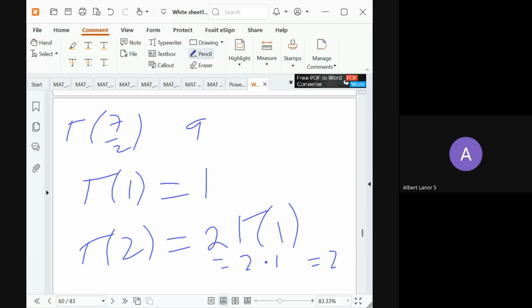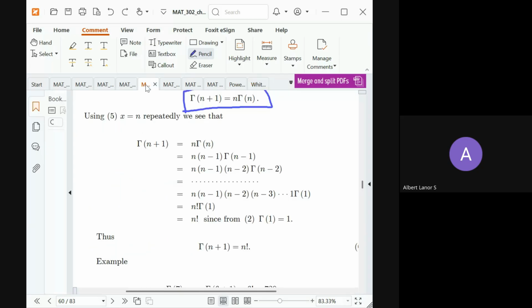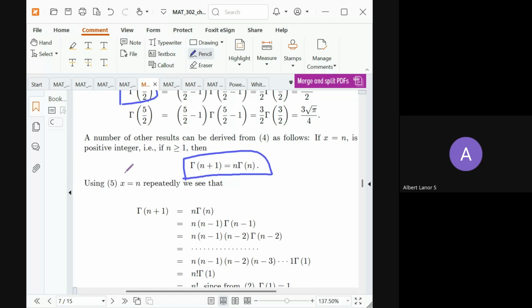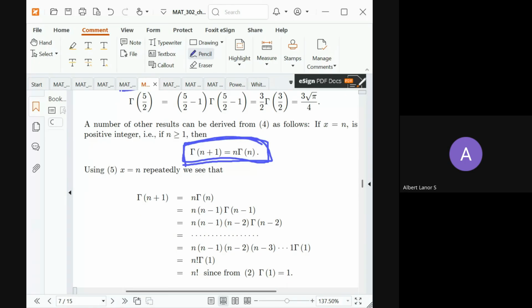In general, from chapter 5, the gamma of the next value is n times the gamma of the previous one. So you can generalize it.